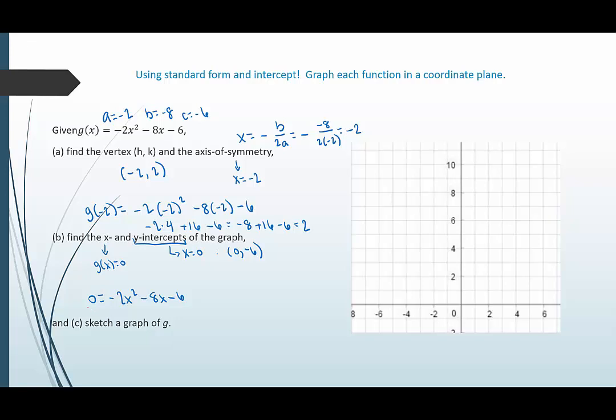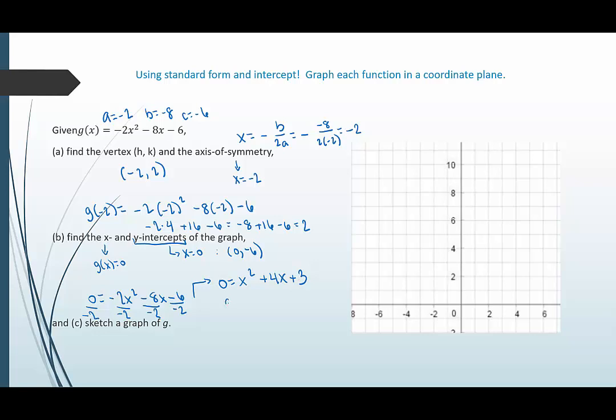And that's exactly what I'm going to do. So I divide everything by negative 2. And then I get 0 equals negative 2x squared divided by negative 2 is x squared. Negative 8x divided by negative 2 is positive 4x. Negative 6 divided by negative 2 is positive 3. Oh, that's so much better.